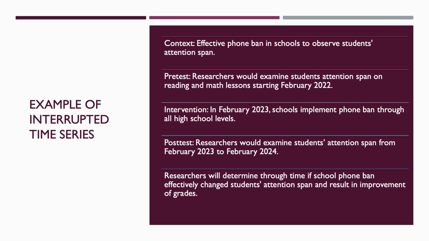And then on the post-test, researchers would examine the students' attention spans starting from February 2023, the start of the intervention, to exactly 1 year later, February 2024. With this, researchers can determine over time if the phone ban did effectively change students' attention span and if it did result in improvement of grades.